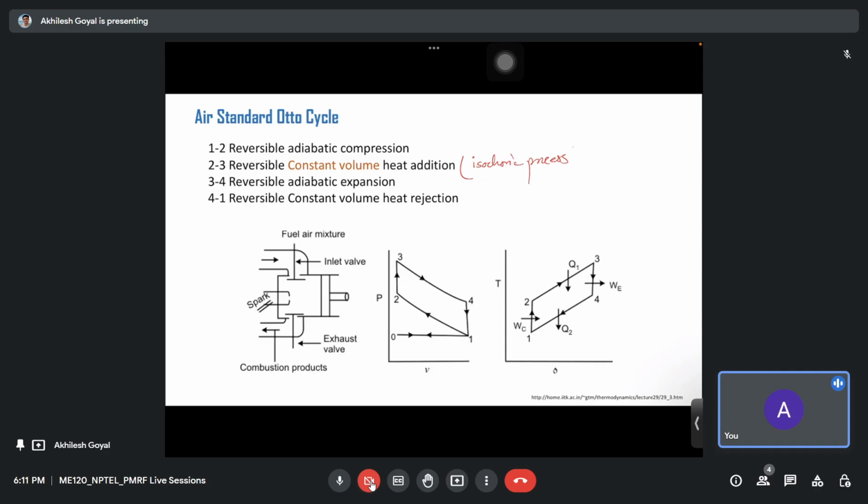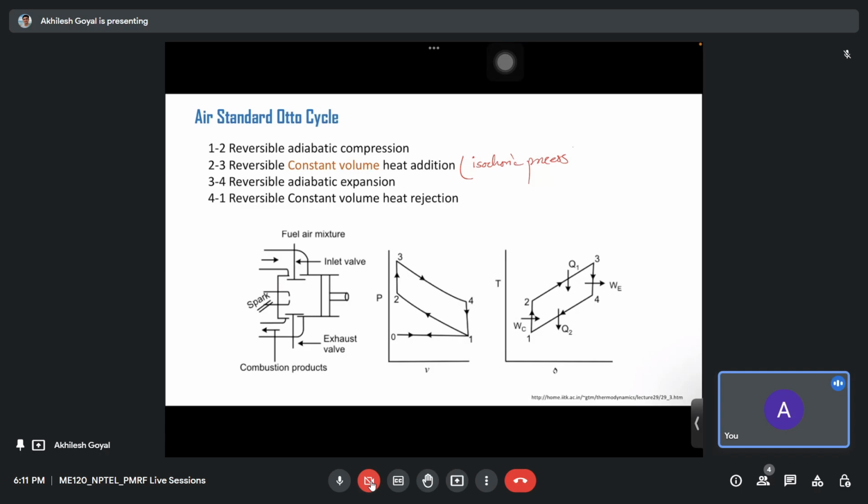The third is the power stroke, where the burning gases expand and we get power onto the piston and the crankshaft. And the fourth is the exhaust stroke. In a four stroke engine, these four strokes happen with two revolutions of the crankshaft.